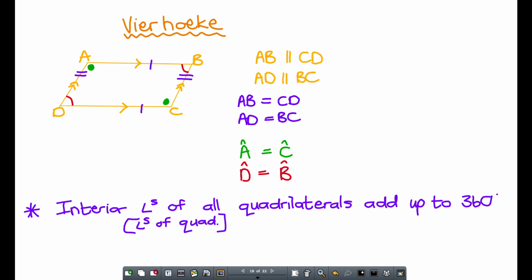Okay. So the next one that we're going to do... Oh, one other thing that I wanted to talk about is, over here we did parallelogram, no? Listen. Parallelogram.